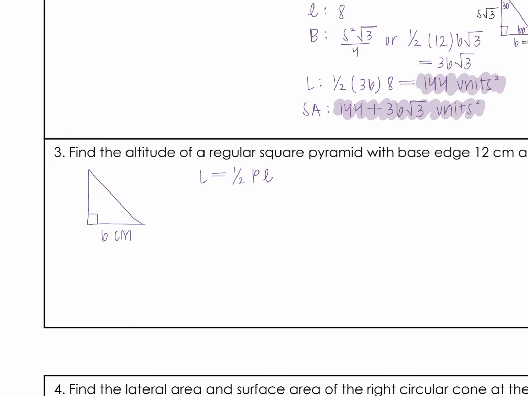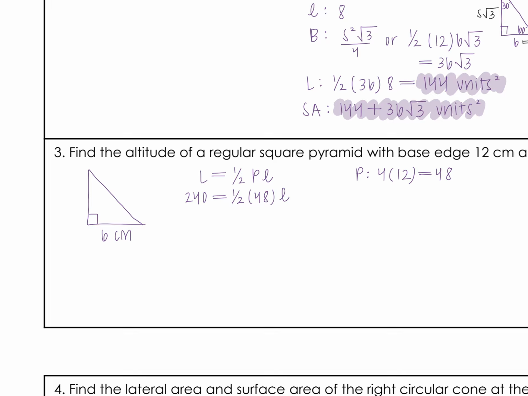I know my lateral is 240. I'm taking half of my perimeter, which I can find. Remember, your perimeter is the perimeter of the base, and they told us our base edge is 12. So 4 times 12 gives me 48 for my perimeter. And then that's going to leave me with my slant height to solve for.